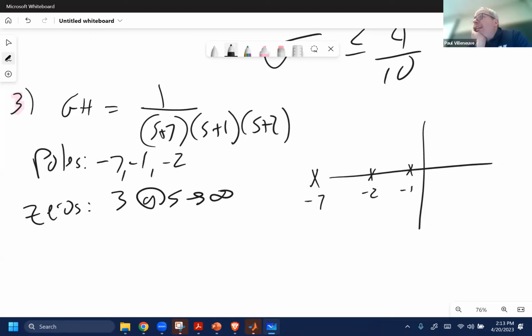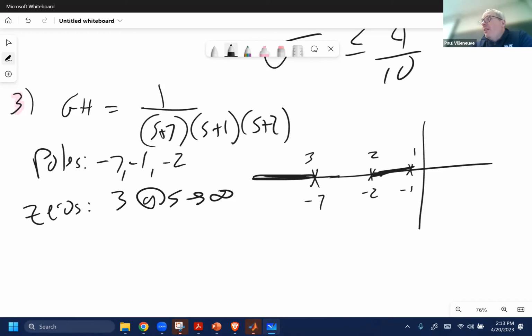Now I'm going to start labeling the poles and the zeros on the real axis from right to left: 1, 2, 3, and those are sequential. And then it lives between odd and even, right to left, but not between even and odd.